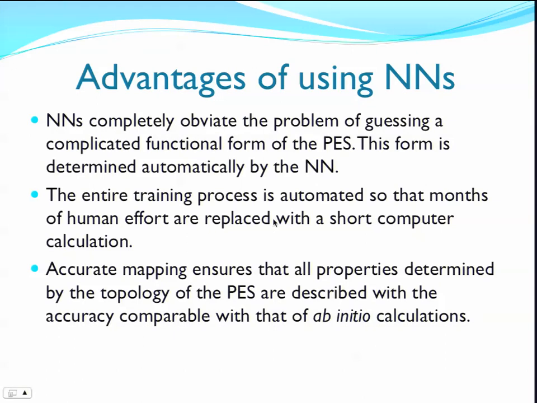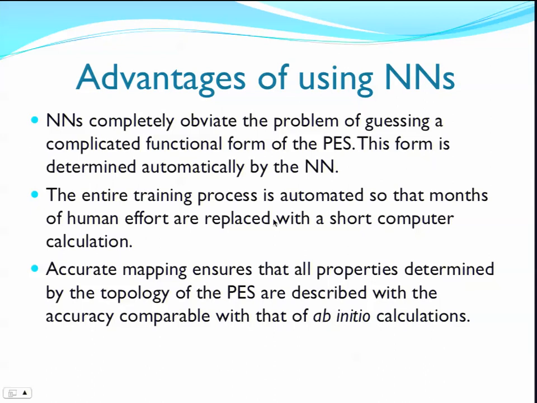Okay, so what are the advantages of using neural networks compared to empirical potentials? So first of all, neural networks completely obviate the problem of guessing the complicated functional form of the potential energy surface. This form is automatically determined by the neural network.